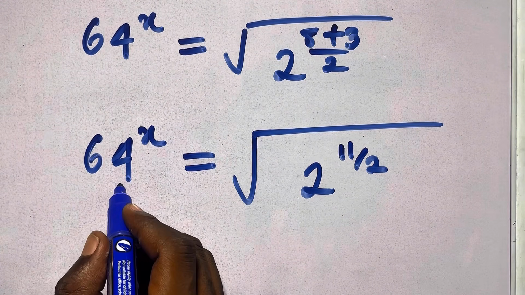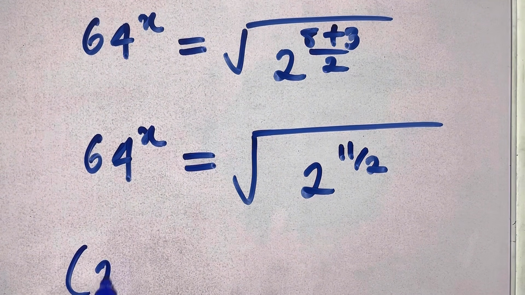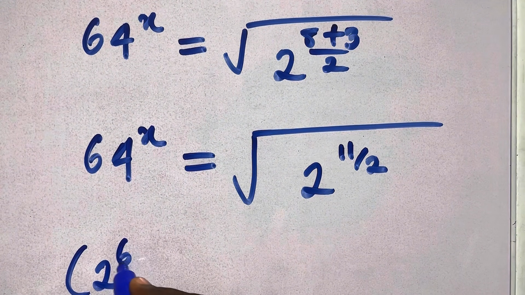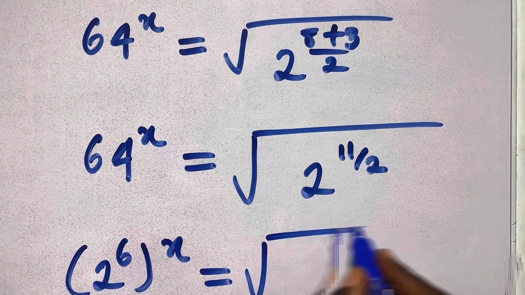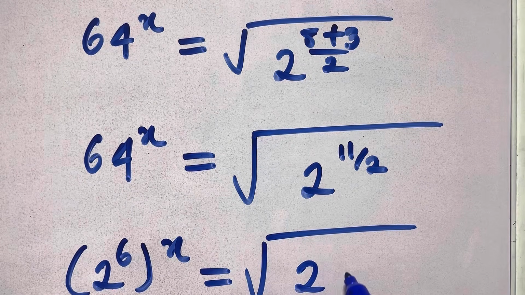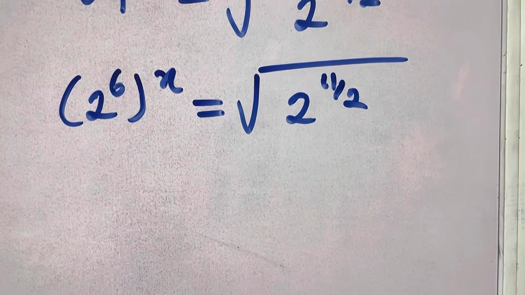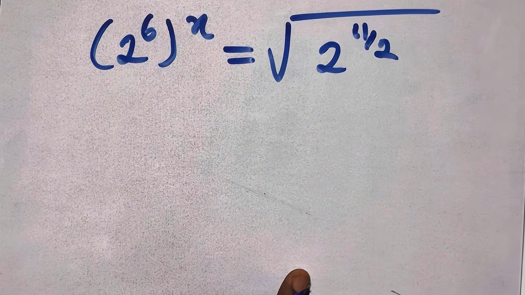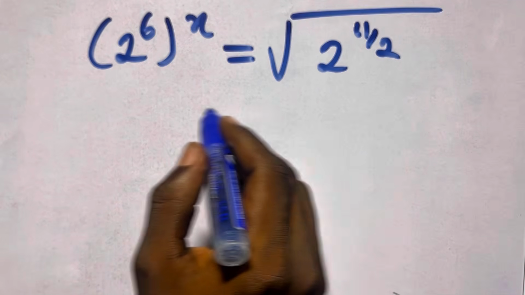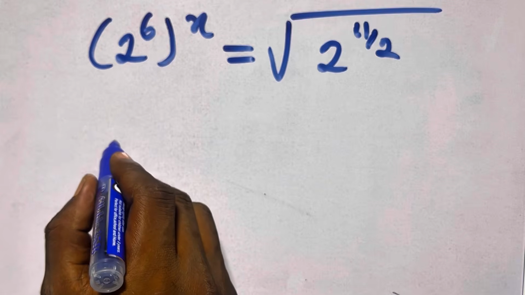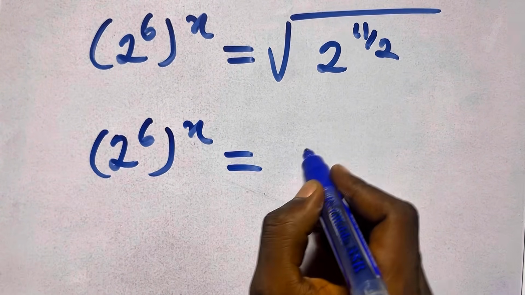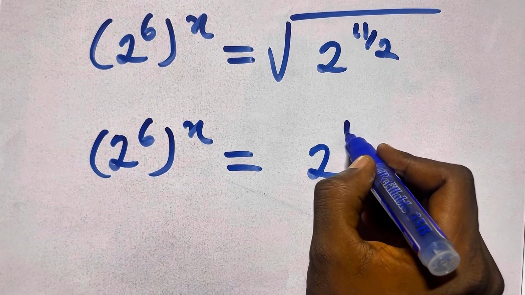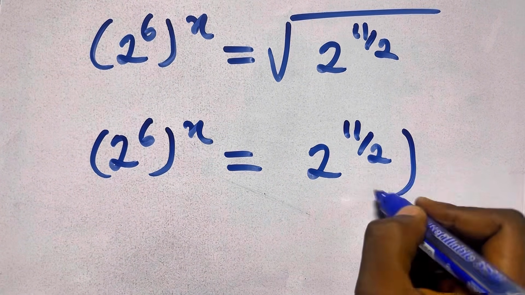Also, let's express 64 as a power of 2. So we have 2 raised to power 6, raised to power x, equals square root of 2 raised to power 11 divided by 2.